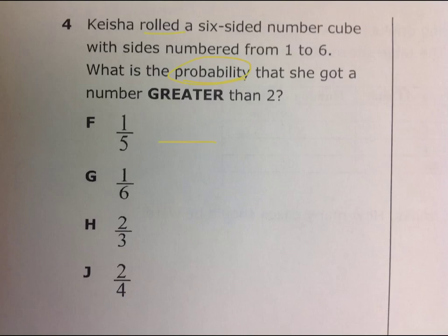So let's look here. We're looking for a number that is greater than 2 out of all chances, right? Okay. Well, how many chances on a 6-sided number cube, 1 through 6, how many numbers are greater than 2?